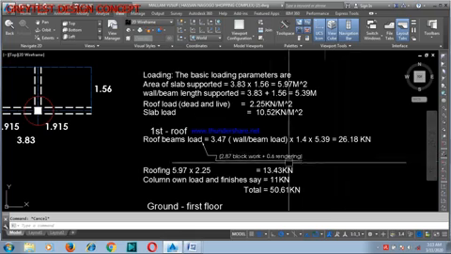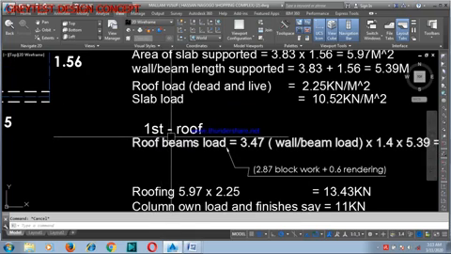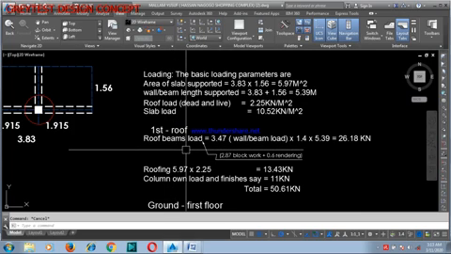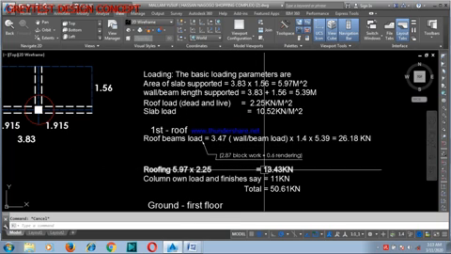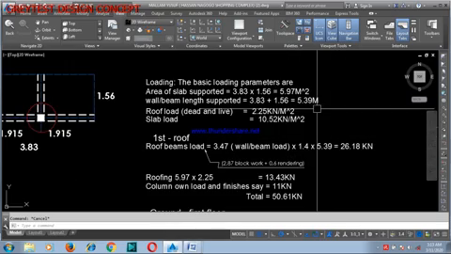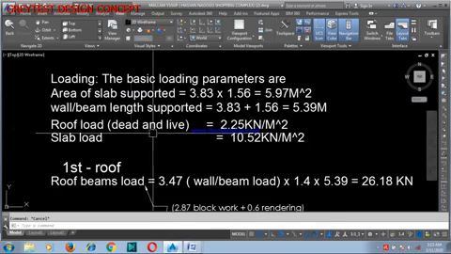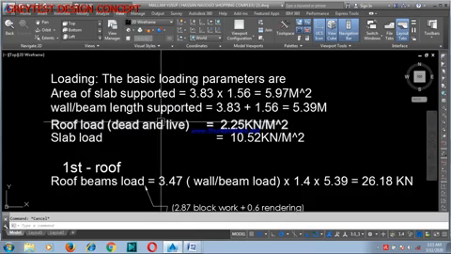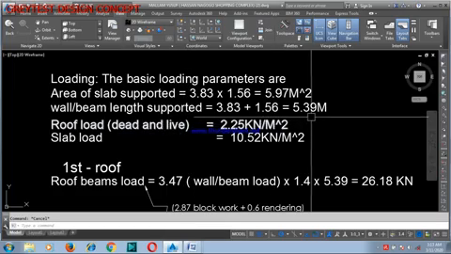Now the first-to-roof level, which is the roof beam load. This is multiplied by 5.39, which is the wall or beam length.